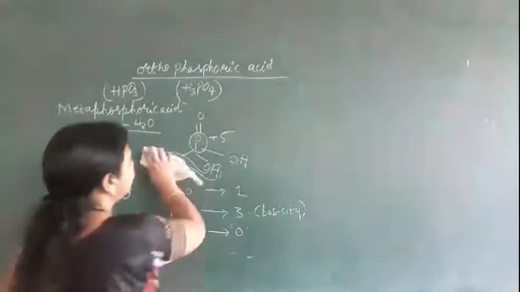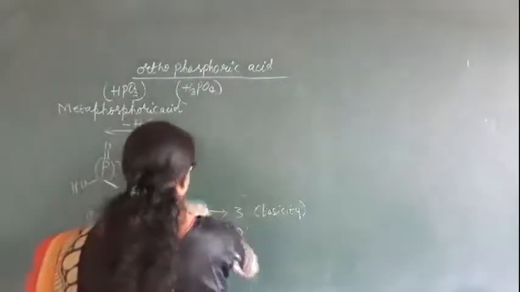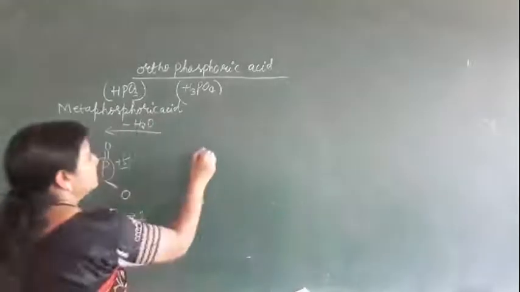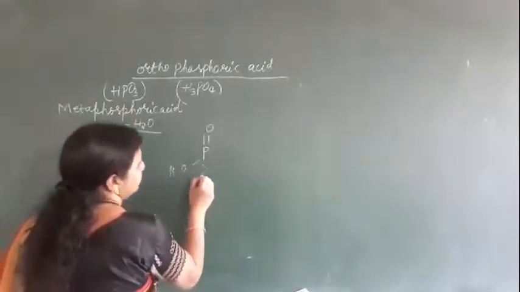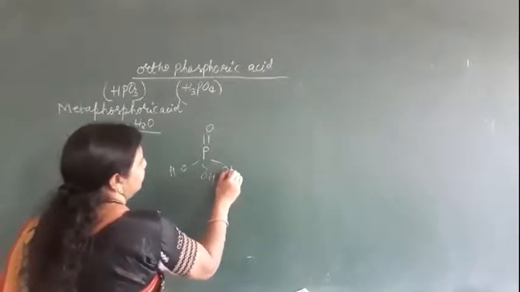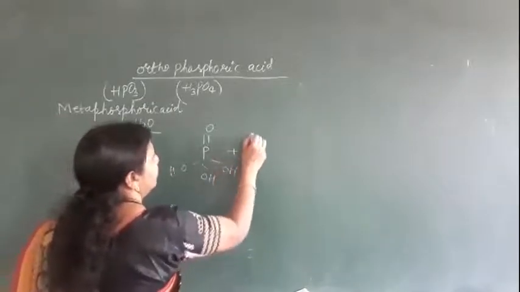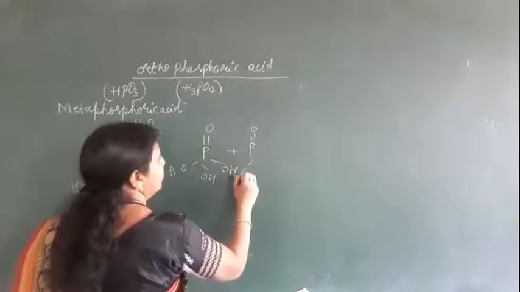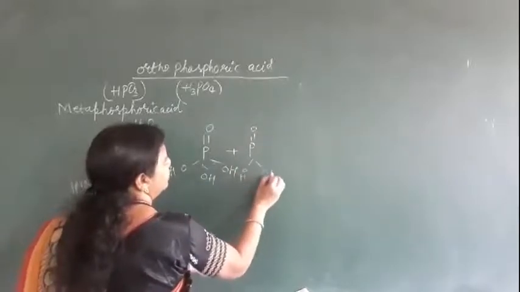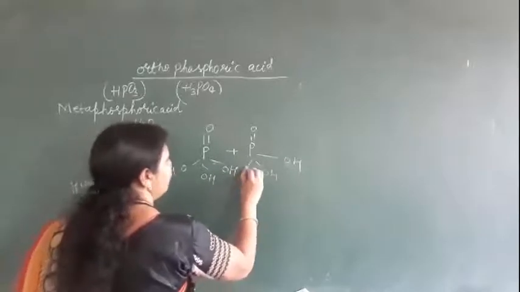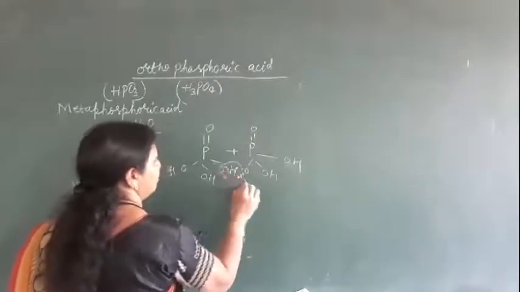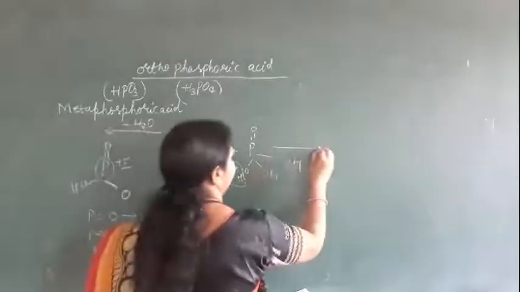See here how we get it. This is P double bond O, OH, OH and OH, plus another P double bond O, OH, OH and OH. So from this one we have to remove what? A water molecule.